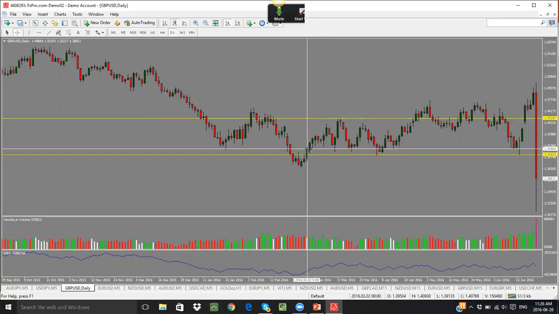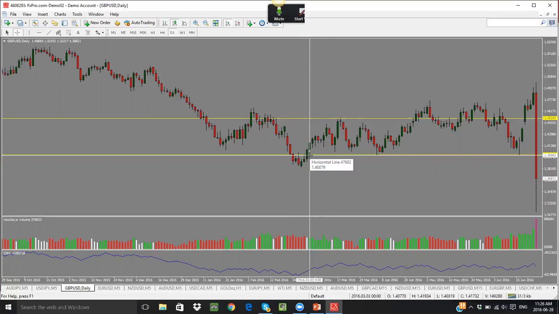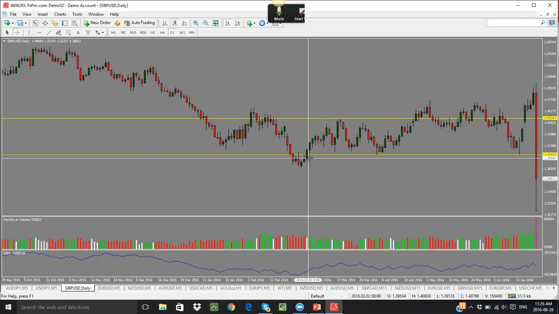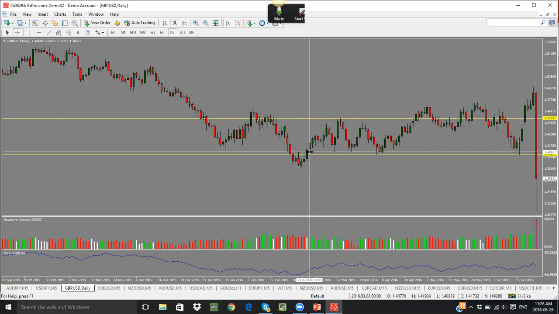As long as you're seeing green volume and the price is moving up, we're looking for disparity between price and volume. If there's no disparity, it's good to go in that particular direction. If we see green volume come in and the price is moving up, that's perfect. So we want to buy under those market conditions.